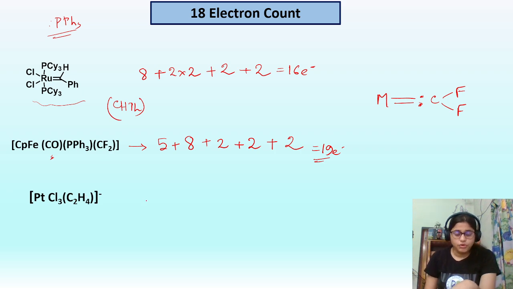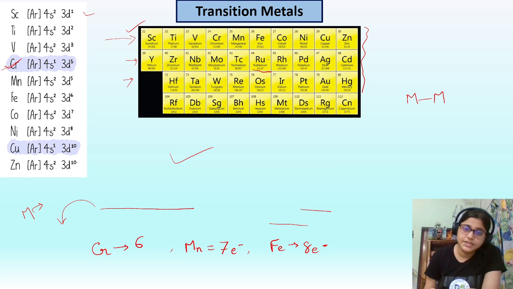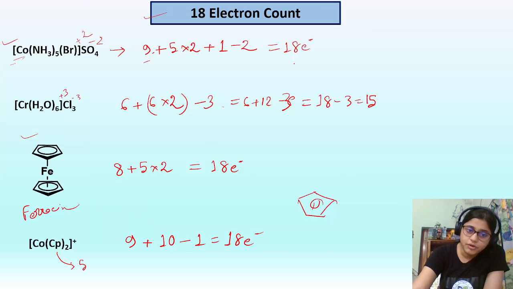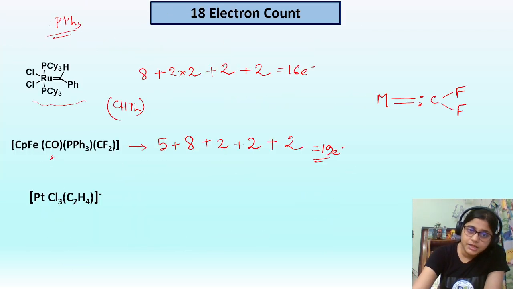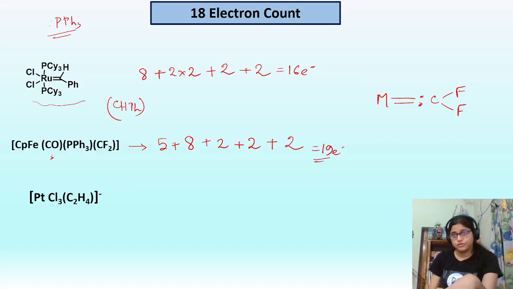Okay. So Pt has how many electrons? See, Pt is in the nickel group, nickel, palladium, platinum, right? So it will be d8 configuration, d8 and 4s2, so 10 electrons will be there, because d8 4s2, like that.